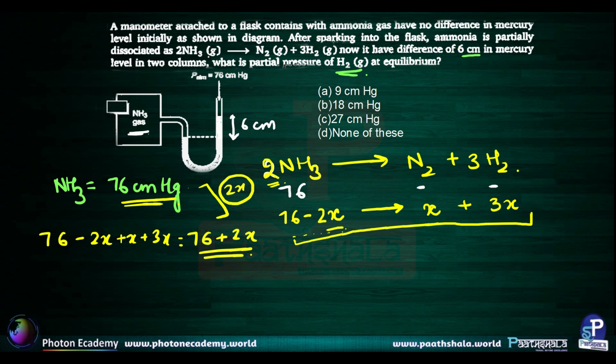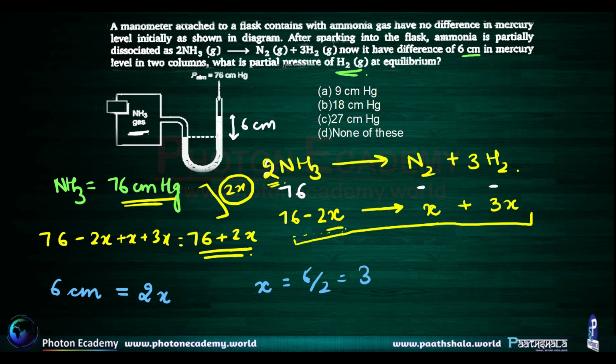Now the difference is 2x and we've said that the difference is of a 6 centimeter length. So 6 centimeters is equal to 2x, which would imply that x is equal to 6 divided by 2, that is 3 centimeters. Now x was a parameter which we had used to quantify this equation, 2NH3 forms N2 plus 3H2.